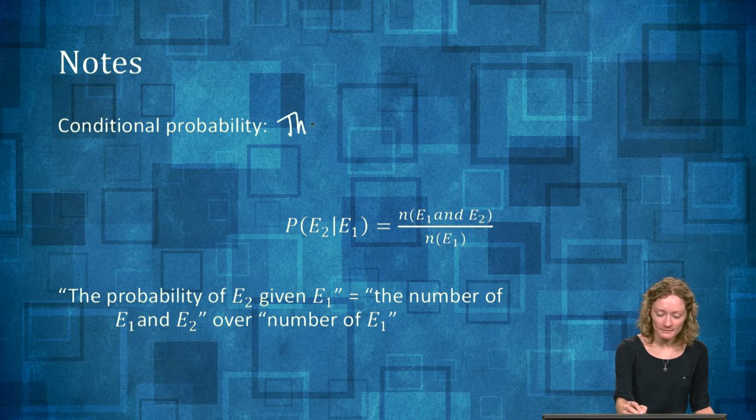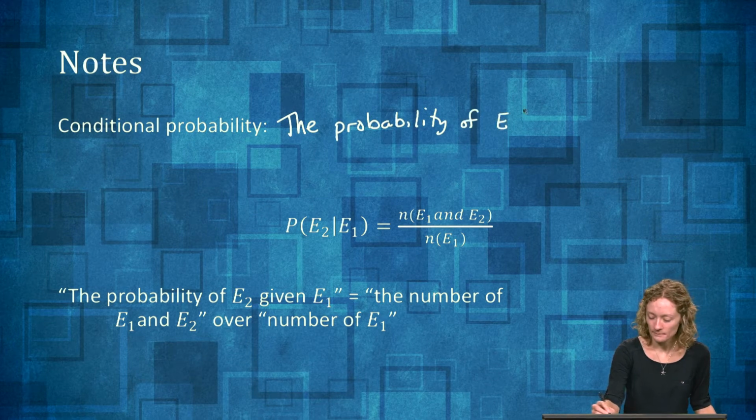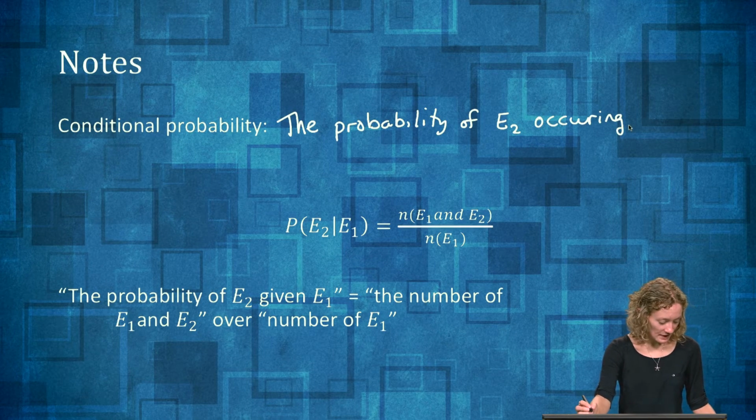Conditional probability, the probability of E2 occurring, this is based off of this formula, given that event E1 has happened.